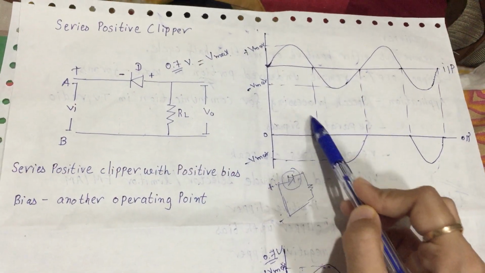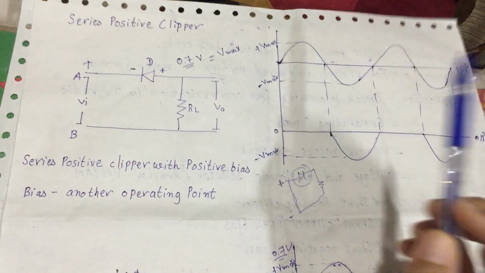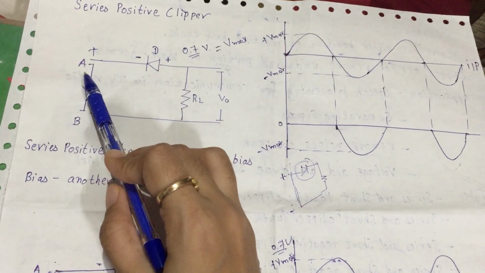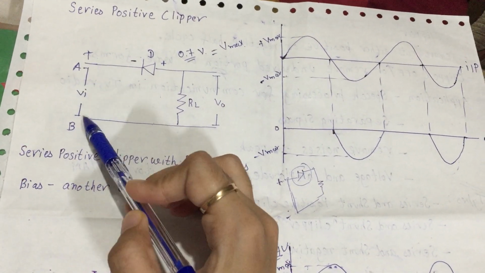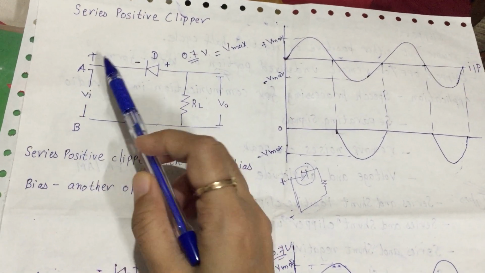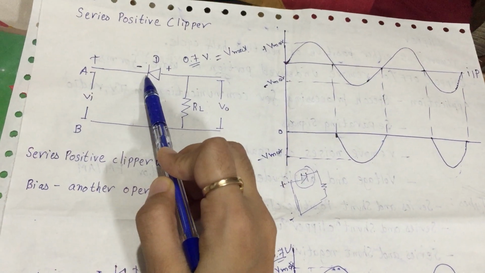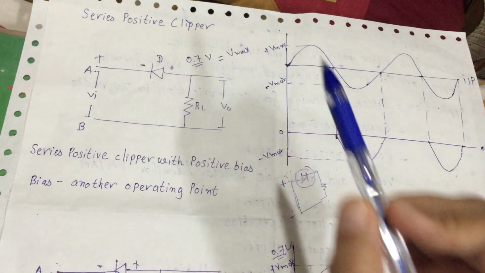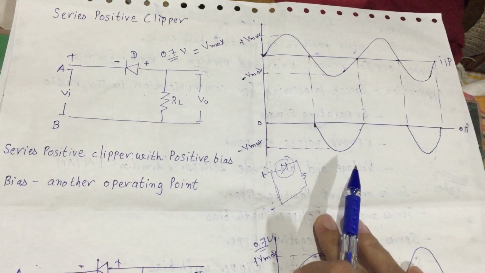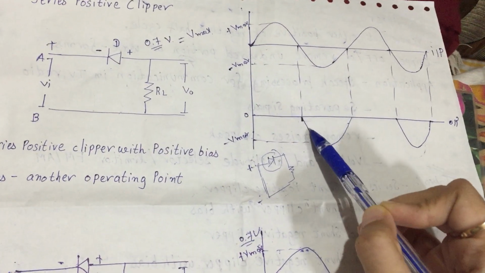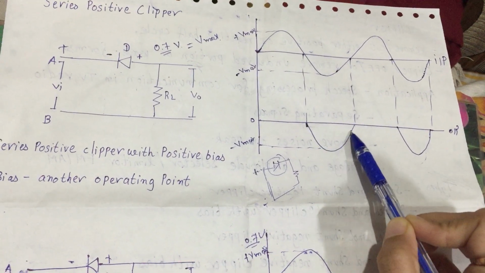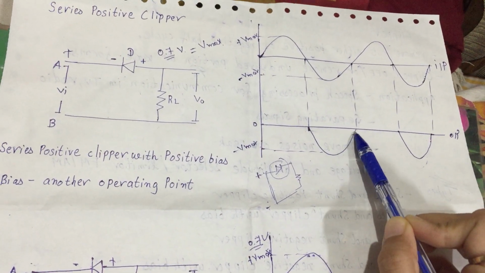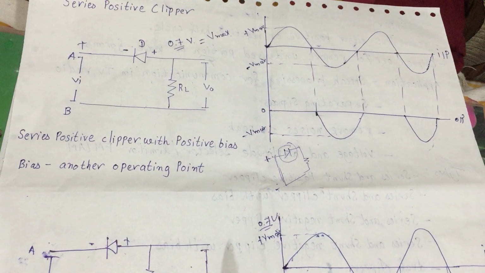But when A is negative and B is positive, the diode is in forward bias, so we get the waveform on the negative side.